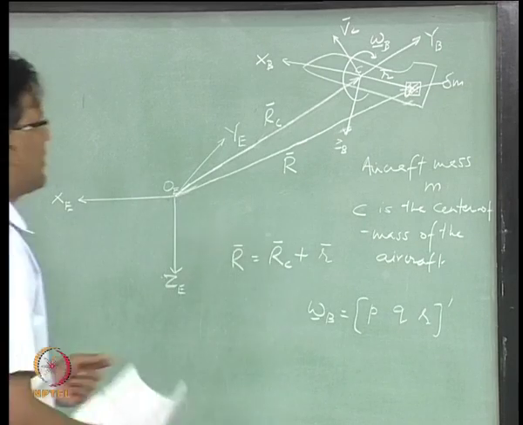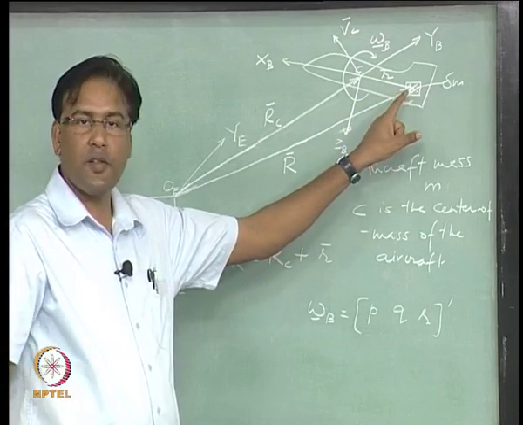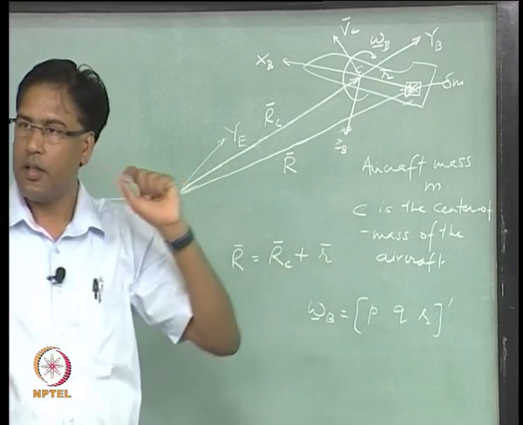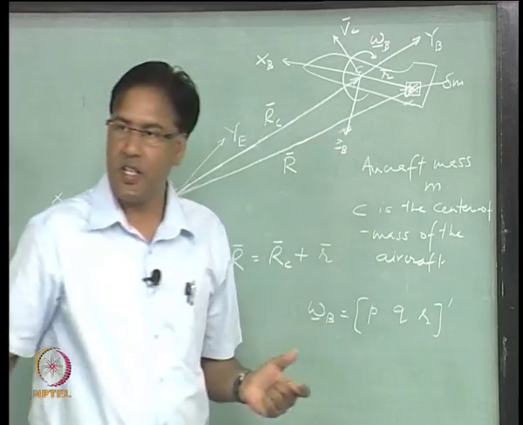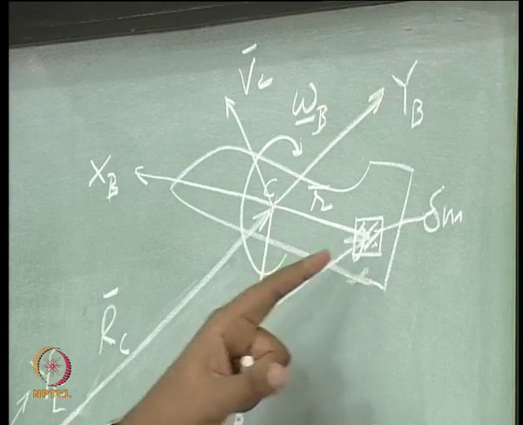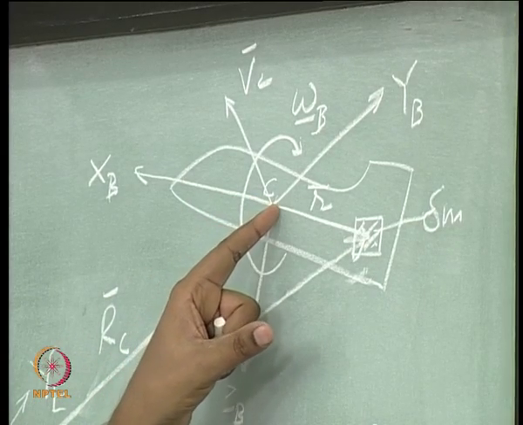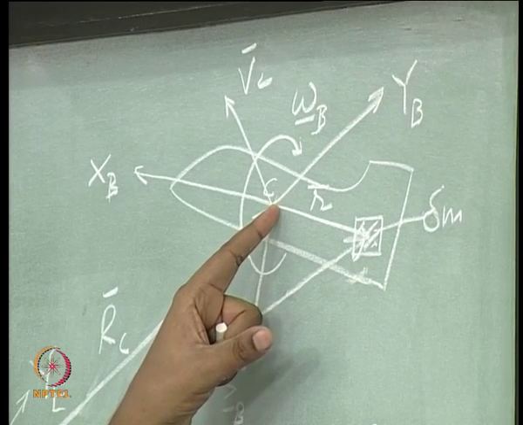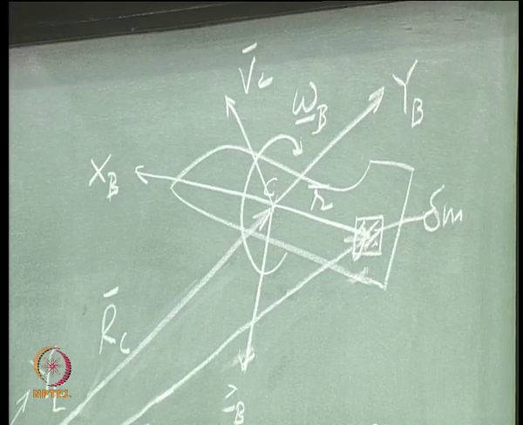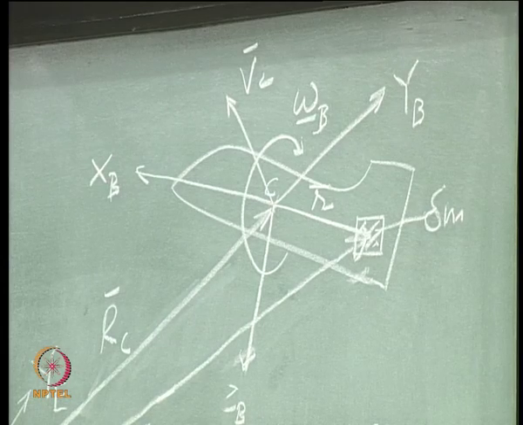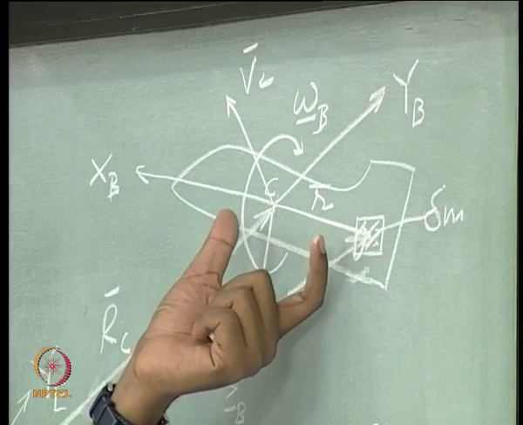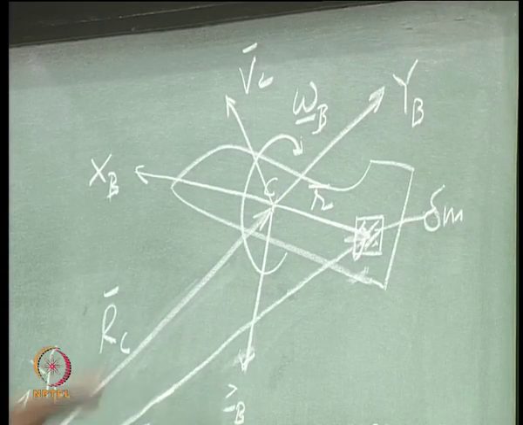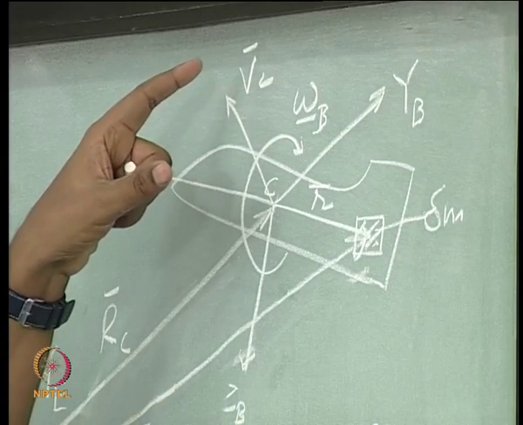So, what would be the velocity of this elemental mass? If I say that aircraft is a rigid body, then this mass is not going away or coming closer to the center of mass, isn't it? So, what other velocity does it have? Angular velocity, right. So, this omega_B into this distance r is going to give a tangential velocity, and the center of mass is having this velocity V_C, right.